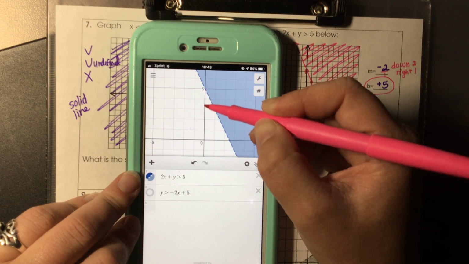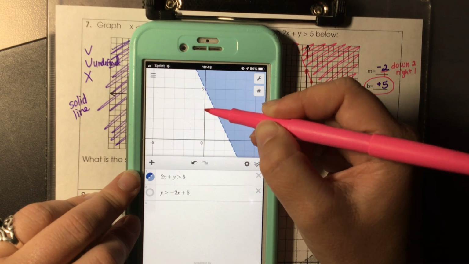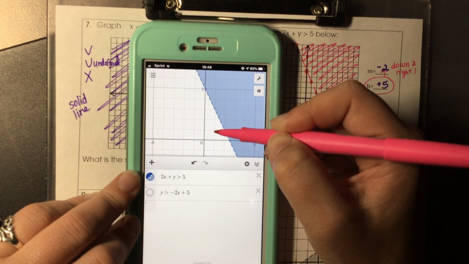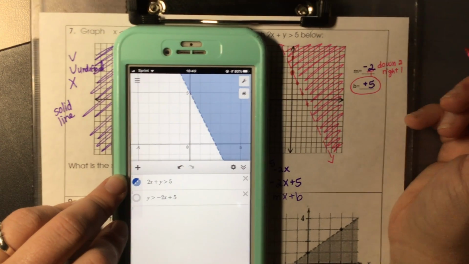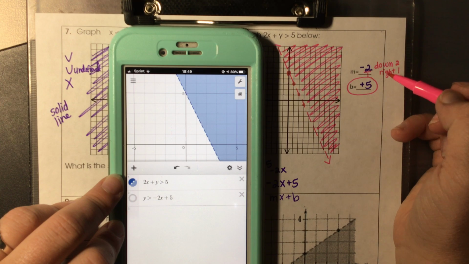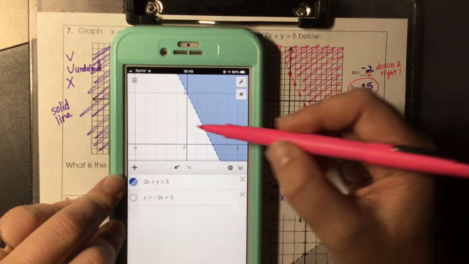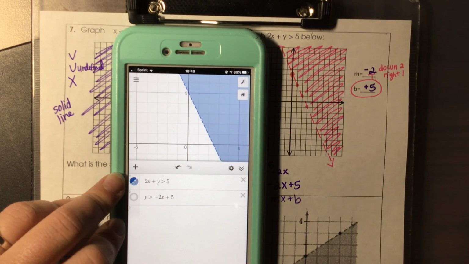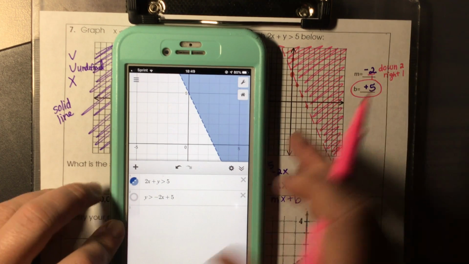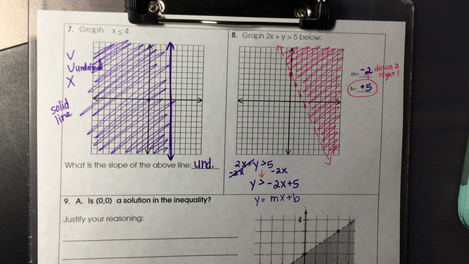If I start right here, I go down 1, 2, to the right 1, down 1, 2, to the right 1. I have down 2, right 1. So I can see that my slope over here matches what it has right here. I could have figured that out using Desmos and my graph on Desmos. So a couple different options there of how to figure that one out.